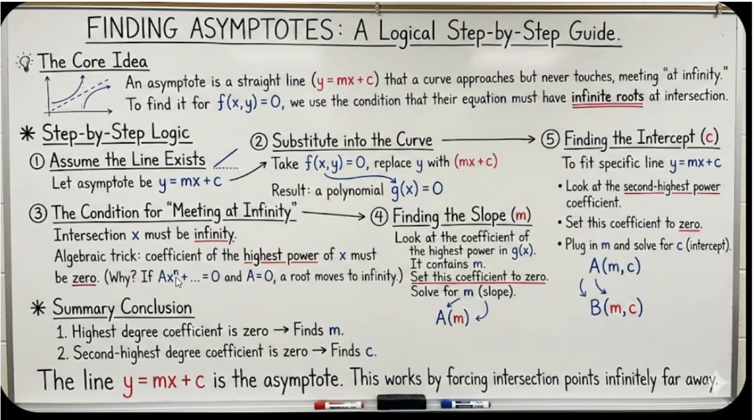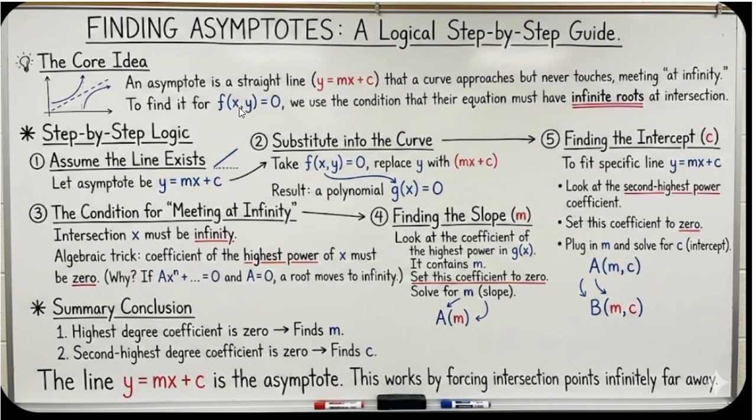We know that an asymptote is a straight line that a curve approaches but never touches, meeting at infinity. That is called an asymptote.